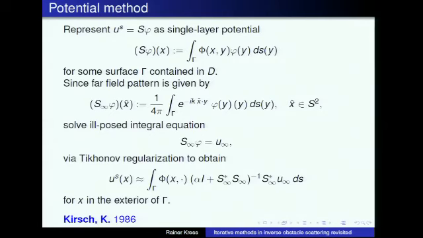This occurred in the data equation already, and what we have to solve now, this is our far field pattern, and in order to find the density we have to solve this ill-posed equation, for example via Tikhonov regularization, and plug the phi back into here.